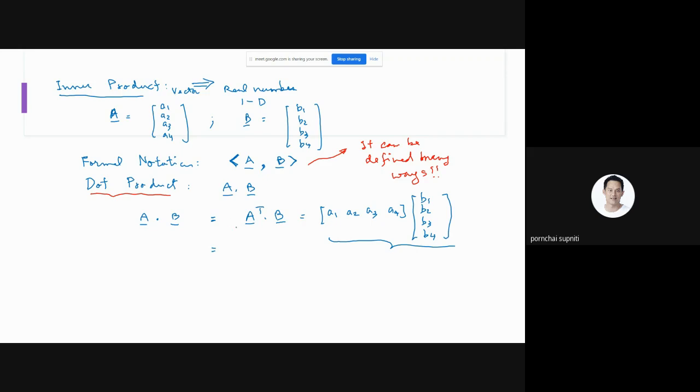First of all, let's look at the dimension. What is the dimension of A, Tirawit? 1 by 4. Yes, it's 1 multiplied by 4. How about B, what is the dimension? 4 by 1. Yes. So when we multiply it, we will get the size 1 by 1. Yes, exactly.